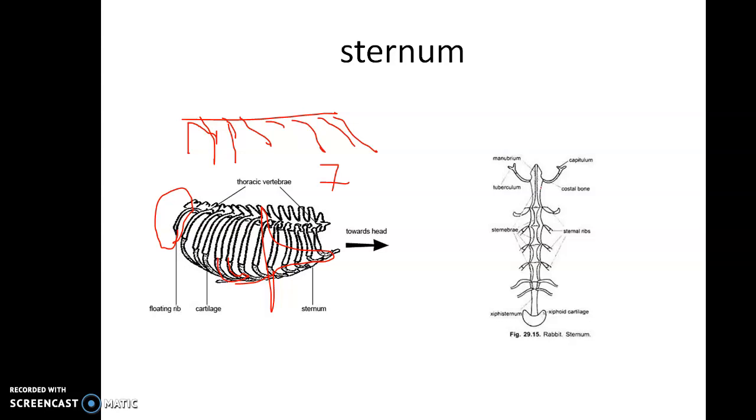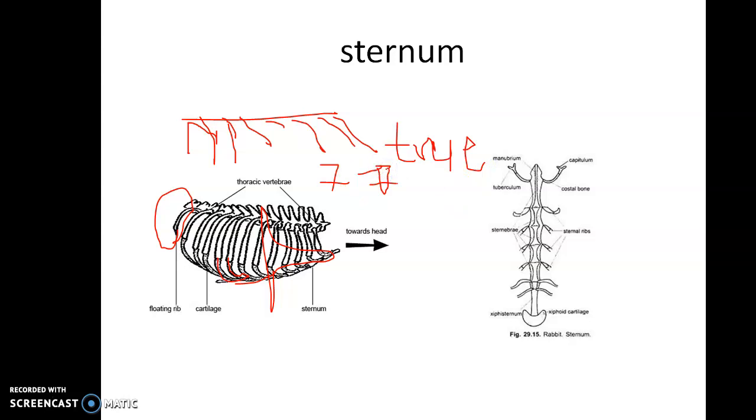The sternal portions of the first pairs of ribs articulate with the sternum, so they are called direct ribs or true ribs. Okay, the first 7 are true ribs.